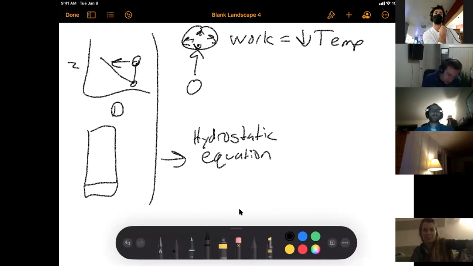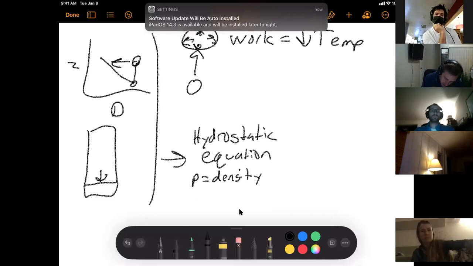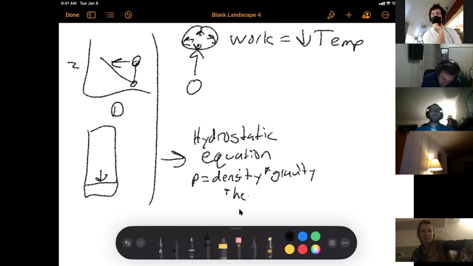It relates the pressure down here, basically as a function of density, gravity, and height, because the height is directly proportional to the mass above you.